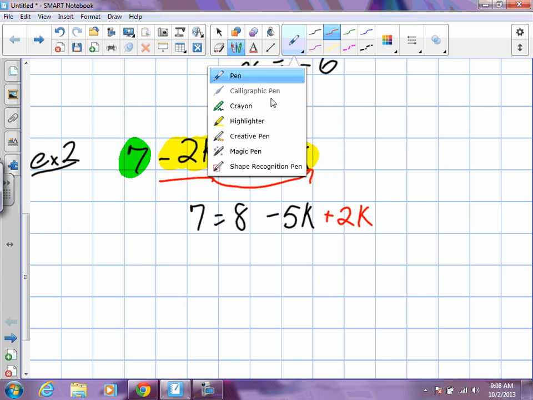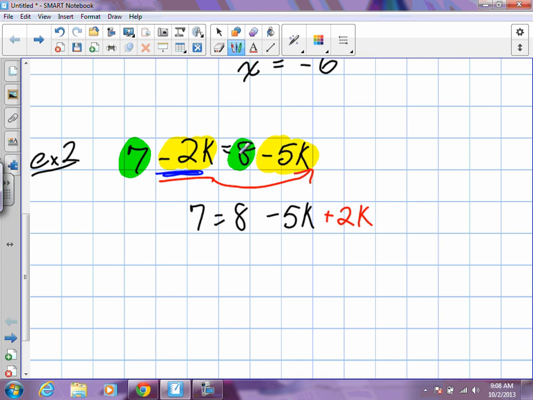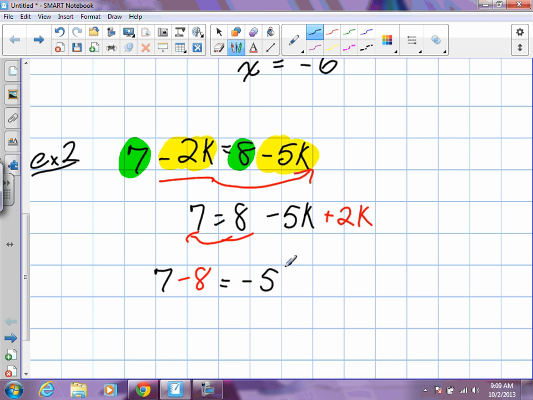We moved negative 2k to the other side, so it became positive. Okay? The next thing we need to do is we need to move our positive 8 to the other side of the equation. Now, because it's positive, when we move it, what will it become? Negative. So I have 7 subtract 8 is equal to negative 5k plus 2k.